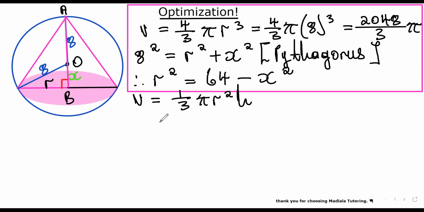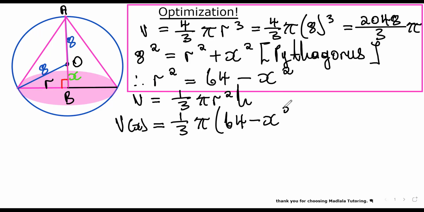So what does it mean? It means my volume as a function of x is just going to be 1 over 3 pi. Where I see r squared, I put 64 minus x squared. And where I see the height, well, I'm simply going to put x plus 8.